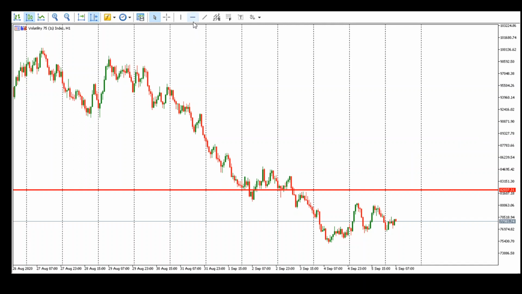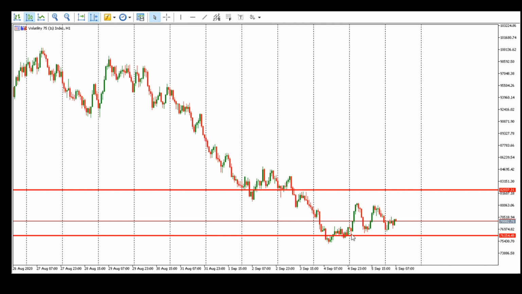So first, the low of yesterday is here, the lowest point. So if you want to buy, because they created this low yesterday, you see the liquidity of yesterday is here.